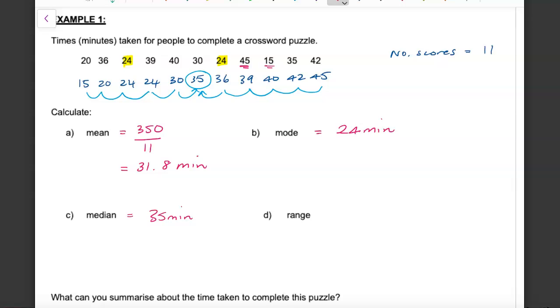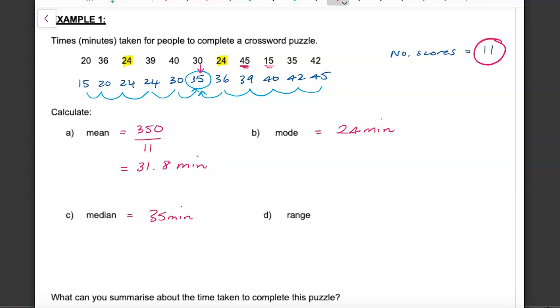That's the middle position. Another way we can do this is to understand that because we have an odd number of scores, that we are going to fall on a score when we find a middle position. And we can simply do this by saying, okay, we've got an odd number of scores, so half of 11 is going to be 5.5, so we're going to go to the 6th number.